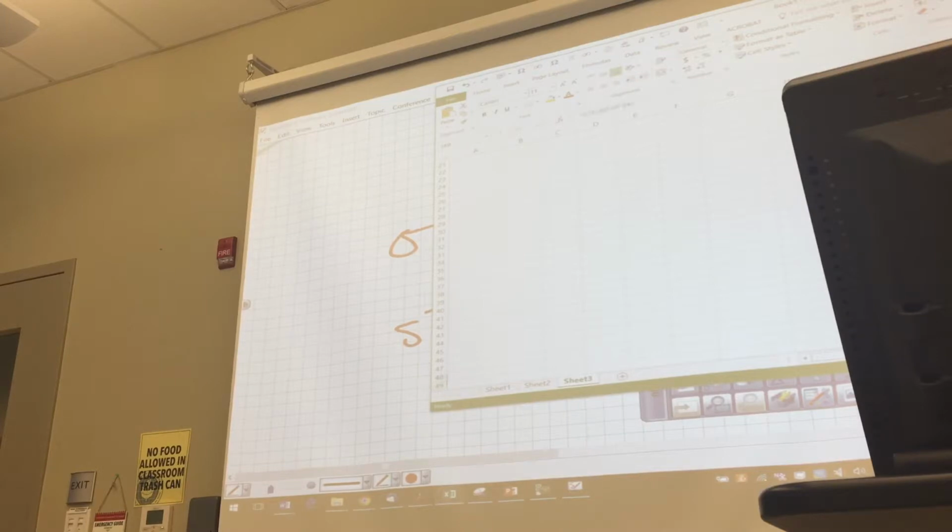That goes from J7 to J45. Equals average, J7 to J45, and equals standard deviation, J7 to J45.